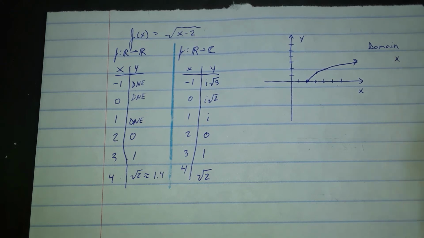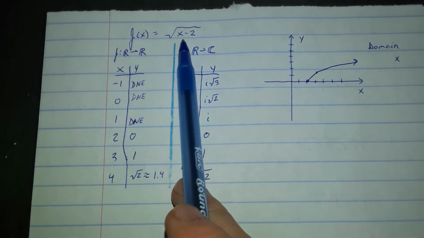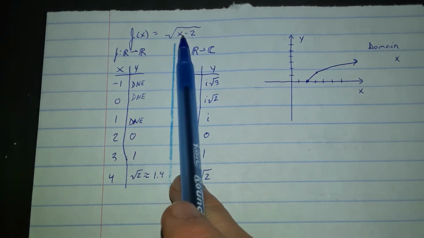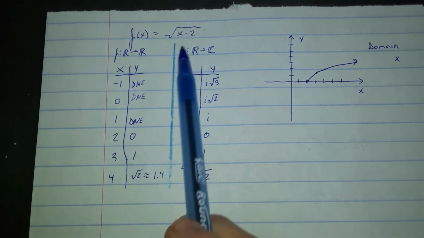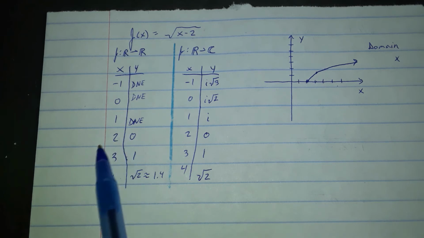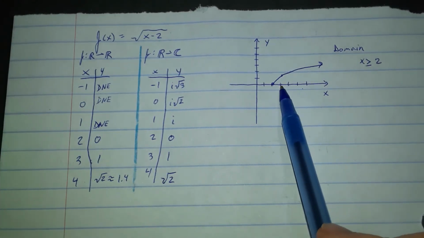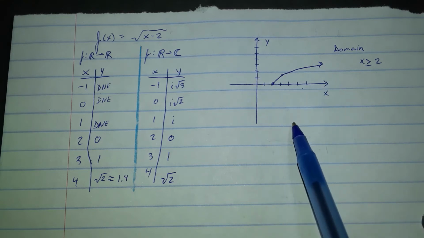what x's are we allowed to put in here? Well, if you look over here, a critical point was right here, where the square root was forced to go to 0 when we plugged in an x, and so we took the square root of 0. That started when we plugged in 2. So x has to be greater than or equal to 2 in our domain to have something that we can graph on our Cartesian coordinate plane.